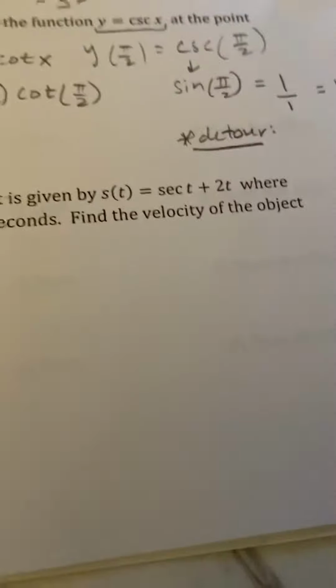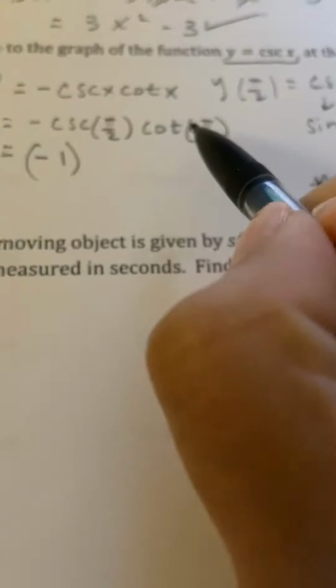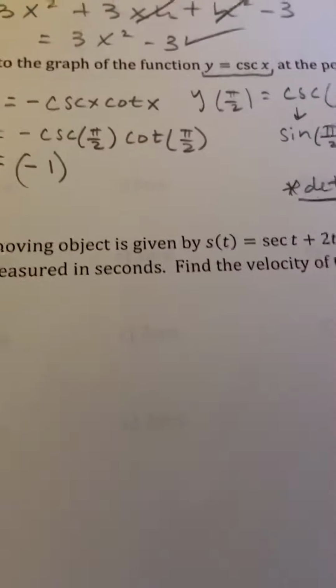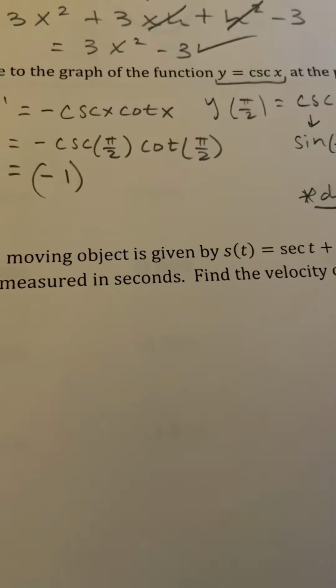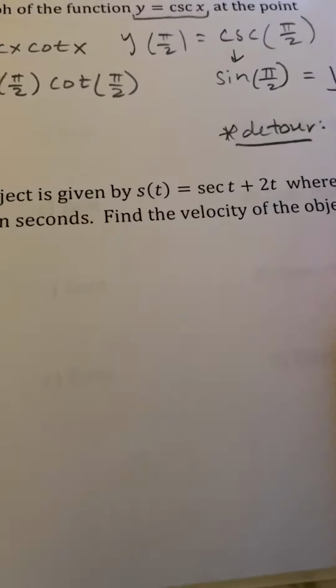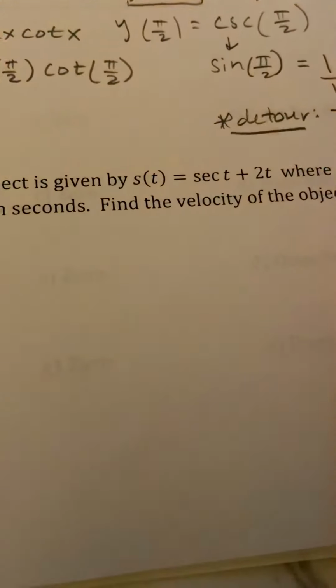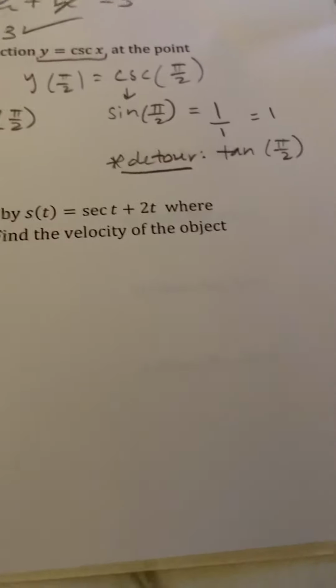And cotangent of pi over 2, well, let's do a little detour. Cotangent is the reciprocal of tangent. Both of them have a t in it. That's how I would remember it when I was in high school. So I'm going to go ahead and figure out tangent of pi over 2. Well, tangent is sine over cosine. So sine of pi over 2 over cosine of pi over 2.